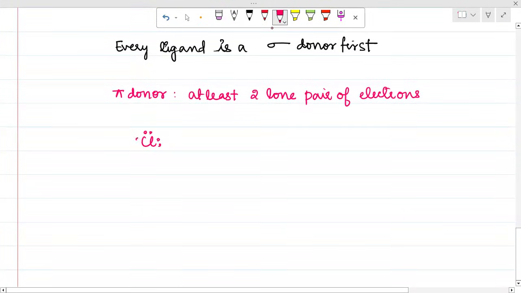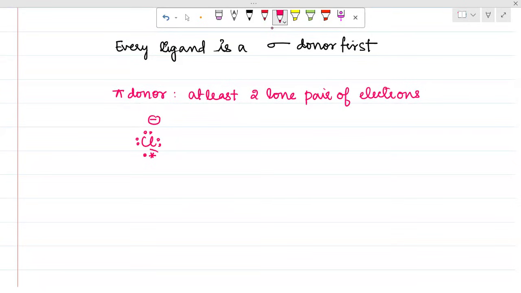Chlorine has 7 electrons, and chloride means it will take one more electron. The first pair of electrons will be donated to the metal to form the sigma bond always. If there is an extra lone pair, that will be given to form the pi bond. So it needs at least two pairs.